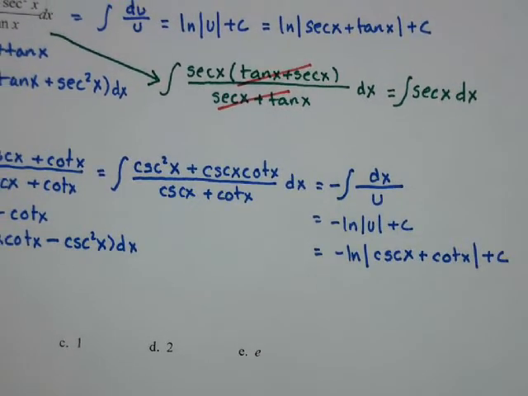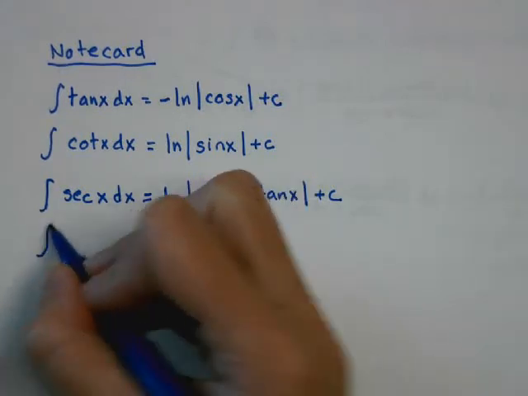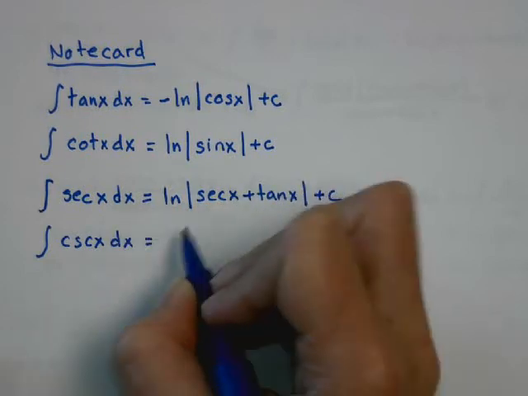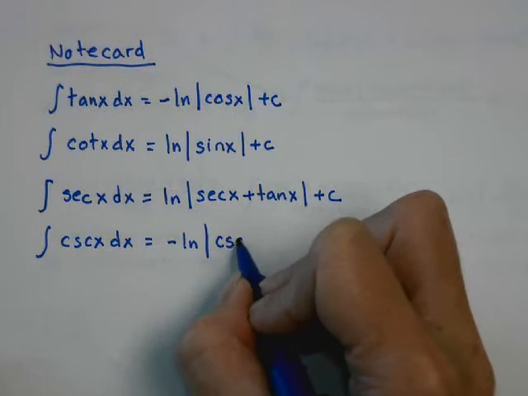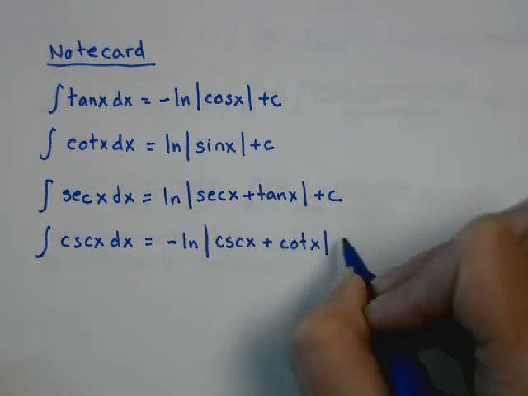So that's our integral for cosecant. The integral of cosecant is negative natural log cosecant x plus cotangent x.